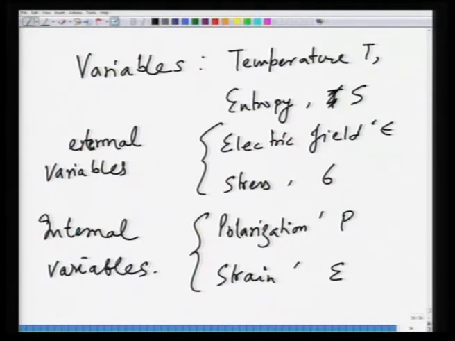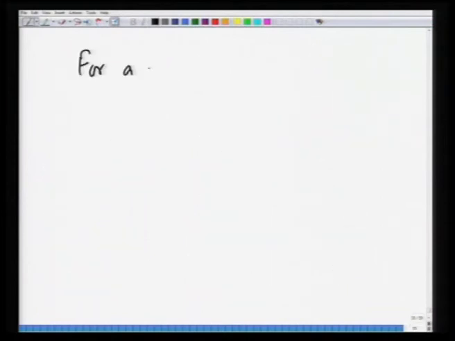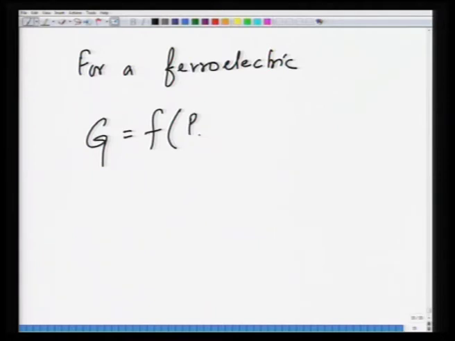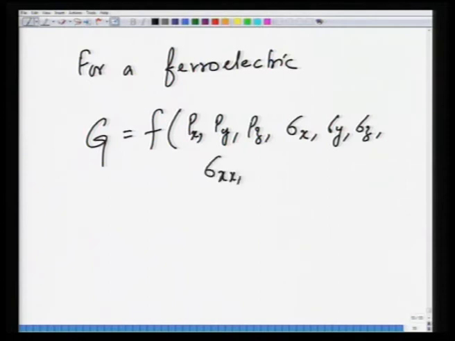Okay. So, for a ferroelectric material, I can write the free energy as, let us say free energy is G, a function of the components of polarization, Px, Py, and Pz, and then the components of stress, sigma x, sigma y, sigma z, and sigma xx, sigma, excuse me, I am taking only the uniaxial ferroelectric, so sigma xz and sigma xy, and then you have temperature.